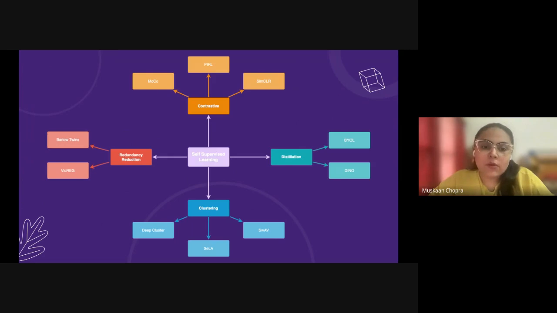Briefly going over them one by one, contrastive learning has three major models or architectures: SimCLR, PIRL, and MoCo. Redundancy reduction, on the other hand, includes Barlow Twins and VICReg. Then self-supervised learning has distillation, which has BYOL and DINO. Clustering, on the other hand, includes DeepCluster, SeLa, and SwAV.